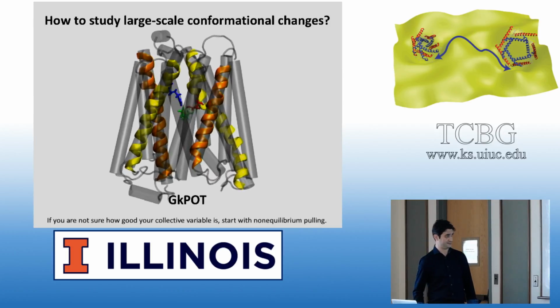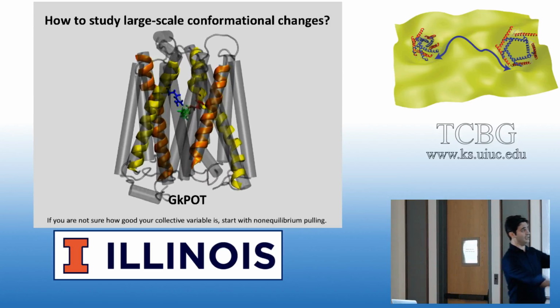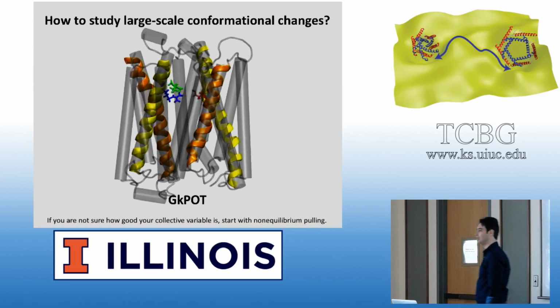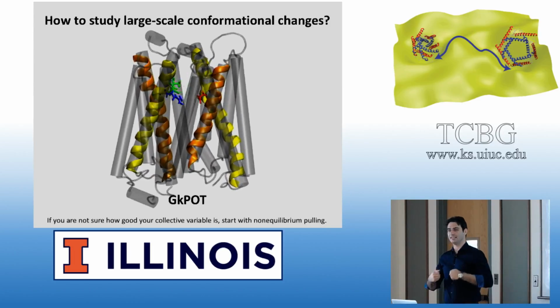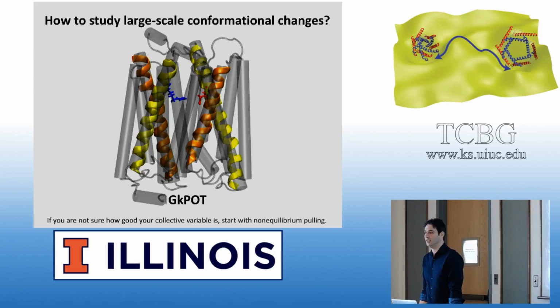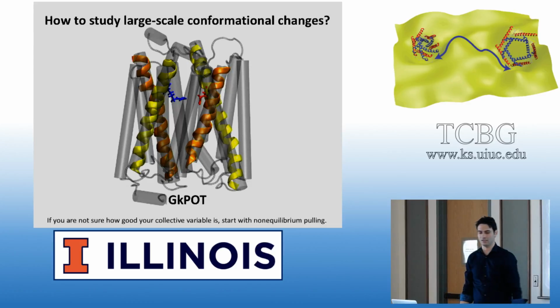Like in this case, it's the orientation of these two helices, these two yellow helices that you see here, that we try to impose a conformational change on the protein and open it. And it comes from this rocker switch mechanism idea.